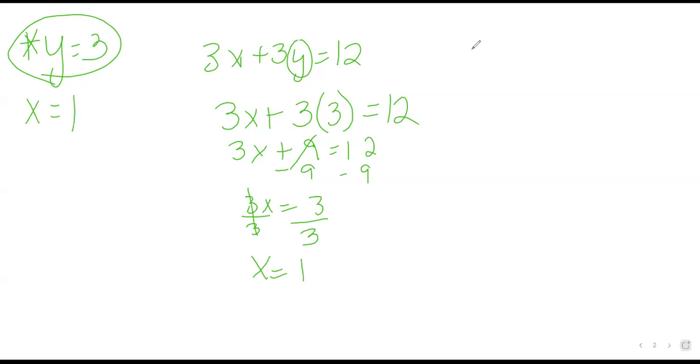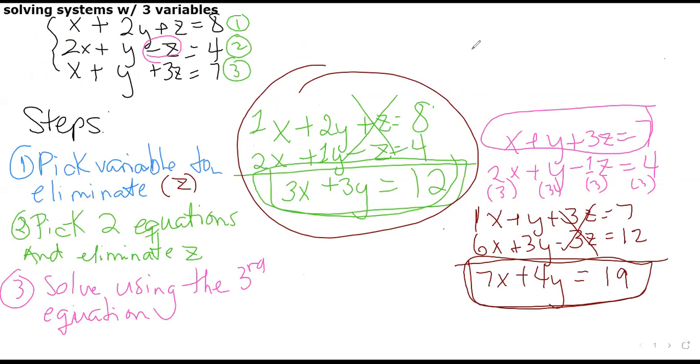So I have to go all the way back to the beginning at my original 3 equations. Veronica, pick the equation I want to use so I can figure out what z is. Which one? Wait, to figure out z? Yeah, we need to find out what z is. So I pick one of these 3 equations because now I know what x is.